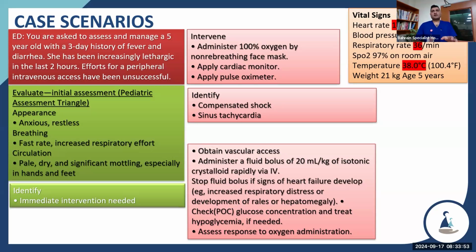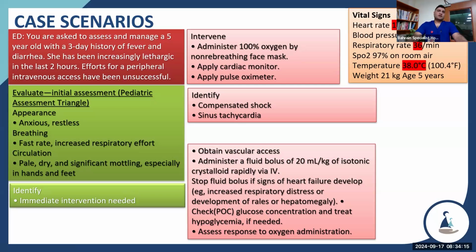So we have to identify if immediate intervention is needed. If we see the vital signs, the heart rate is 140, which is tachycardia. BP is 88 over 56, which is normal for the age.